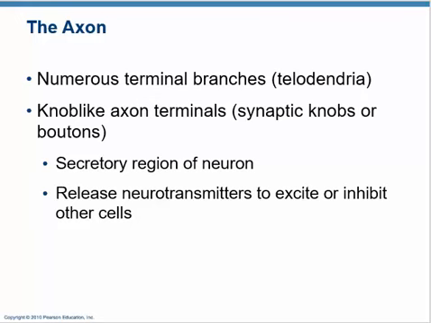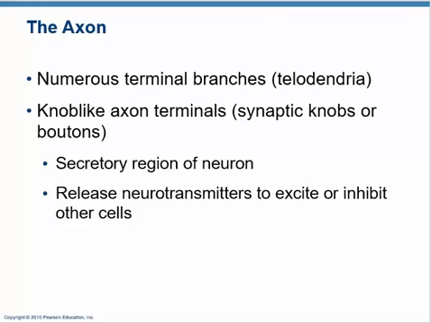Where the axon synapses with the receptor, if it's a somatic motor neuron, the axon synapses with a skeletal muscle. If it's autonomic, it will synapse with either smooth muscle or a gland, or cardiac muscle, and it can synapse with other neurons. So the axon terminals is where the synapse happens.